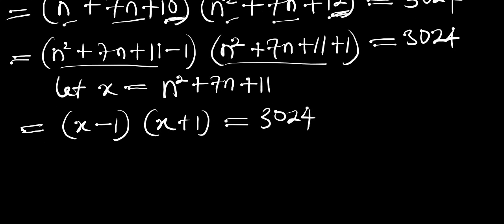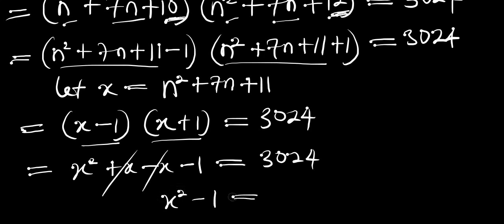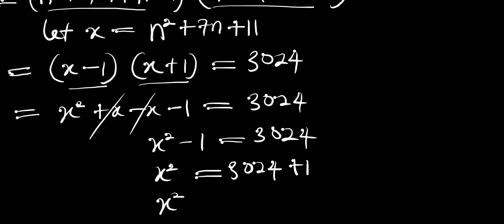So right here, what we are going to do is to expand these two different brackets. If you multiply it out, you are going to have x squared plus x minus x minus 1. This equals 3024. This definitely will cancel this. We have x squared minus 1 equals 3024. And from here, we are going to have x squared equals 3024 plus 1. And this gives us x squared equals 3025.